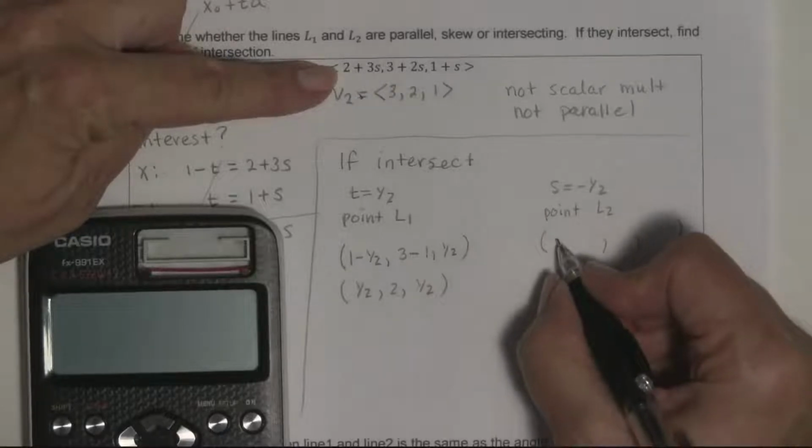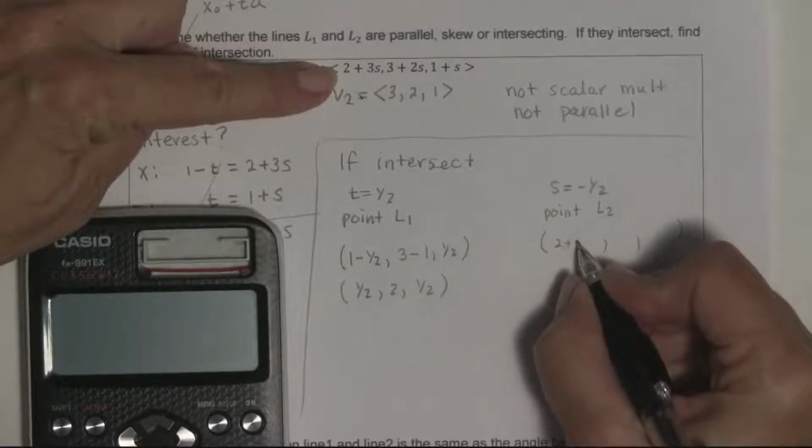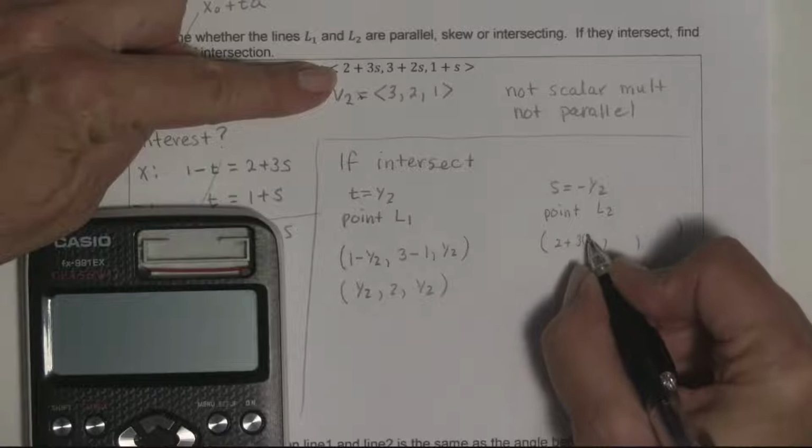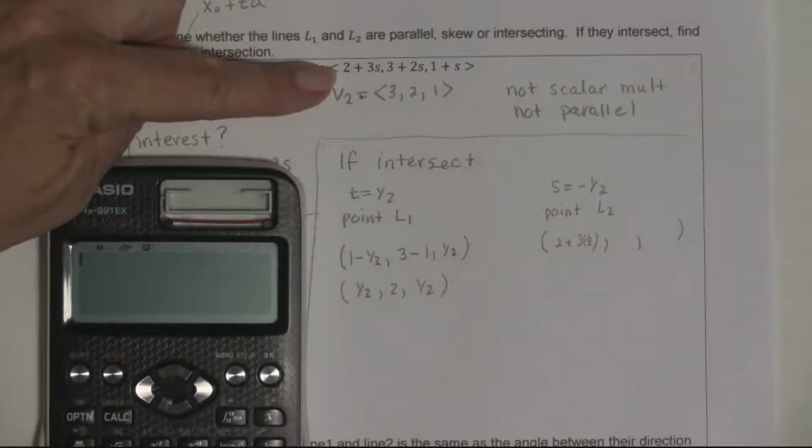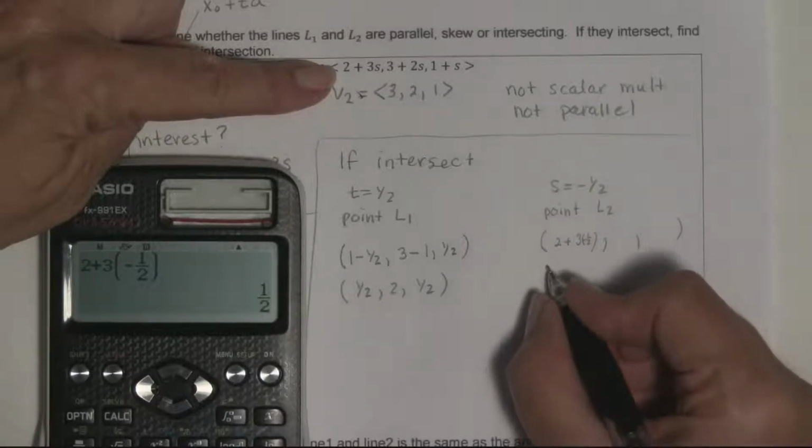And so this is 2 plus, and then 3 times negative half. And so I'm going to put that in my calculator. 2 plus 3, and then times negative half. I put that in my calculator and I get half.